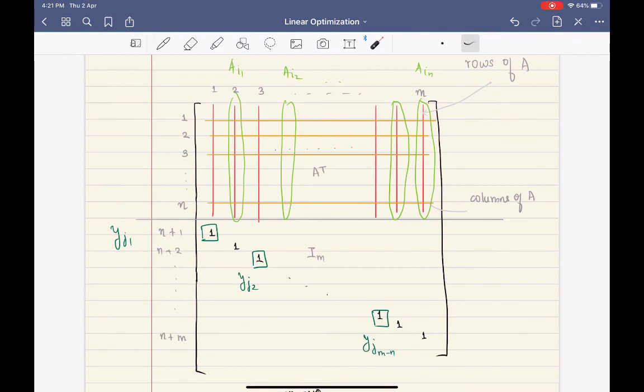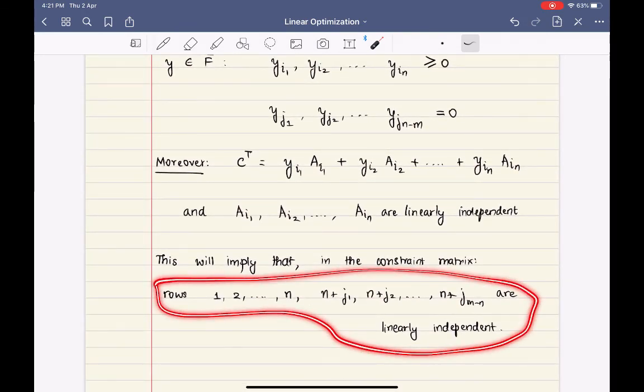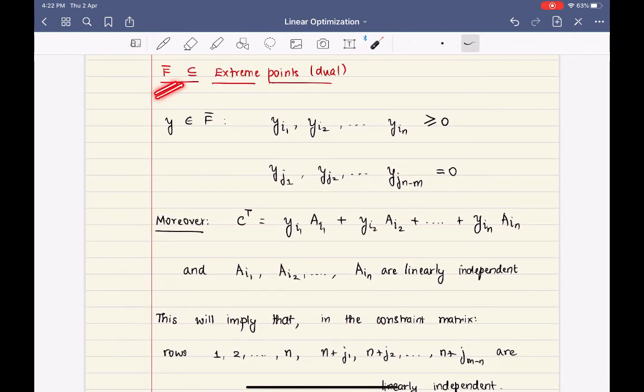Just use the fact that these are linearly independent, hence the corresponding rows are linearly independent, and we are choosing the j's which do not correspond to these indices. Okay, and using this fact you will be able to show that the rows corresponding to our choice in the constraint matrix will be linearly independent, and moreover this feasible solution comes with equality on those particular rows, and hence it will be an extreme point, and that shows that each y in f bar will be an extreme point of the dual.